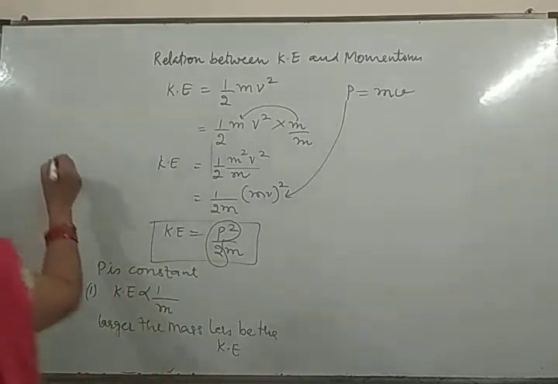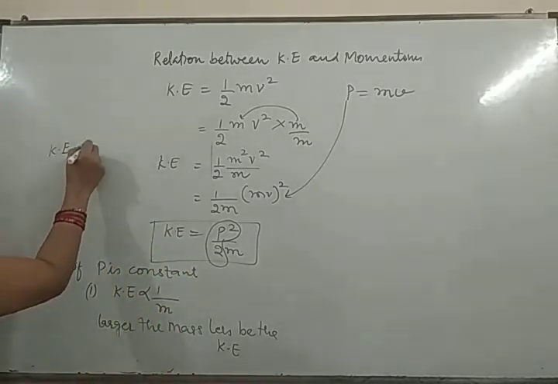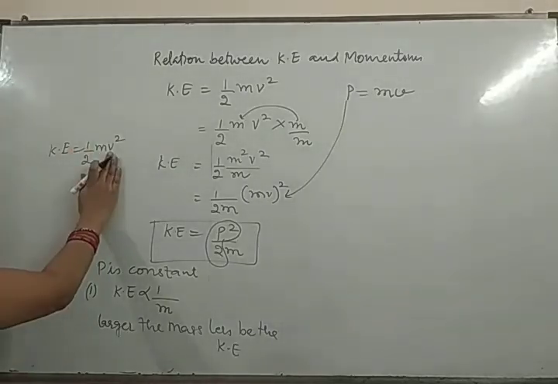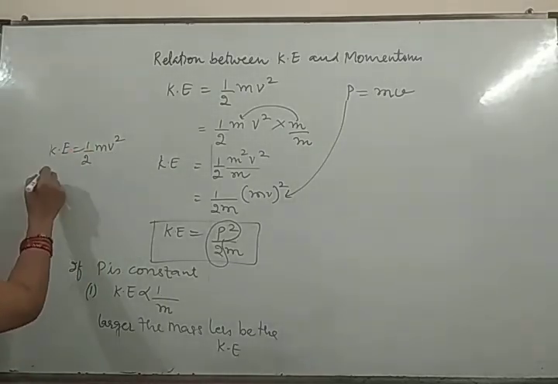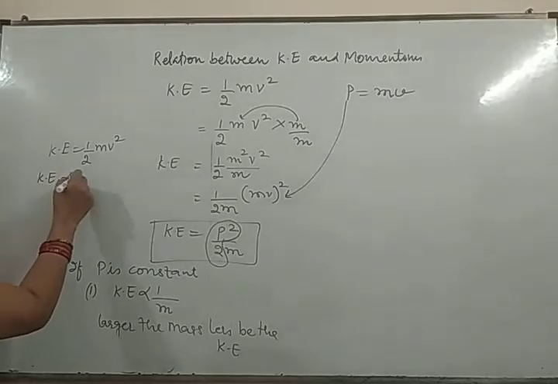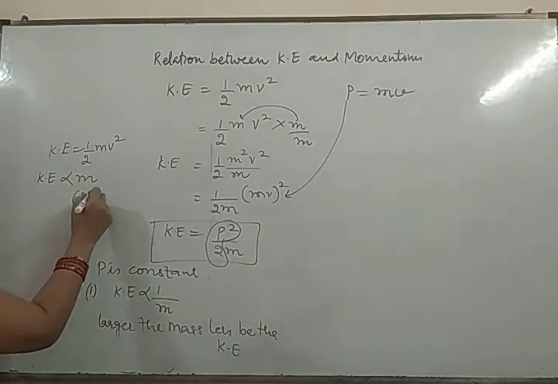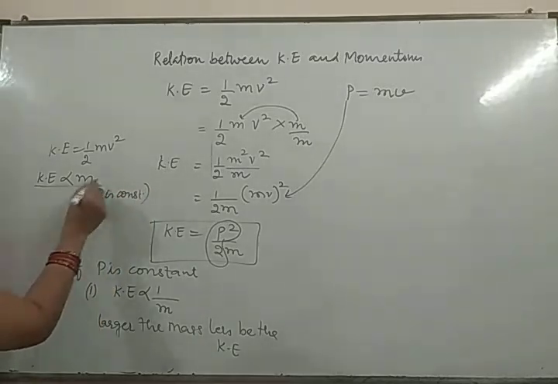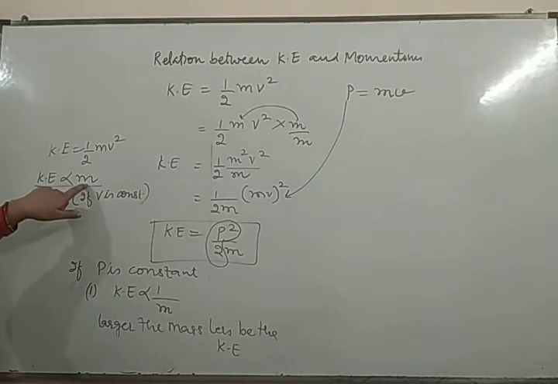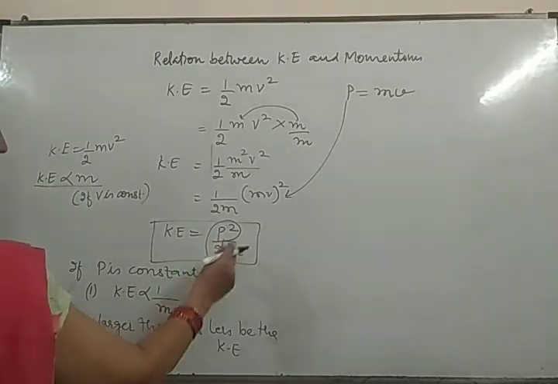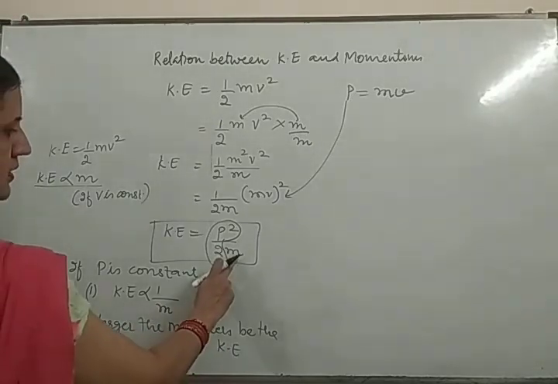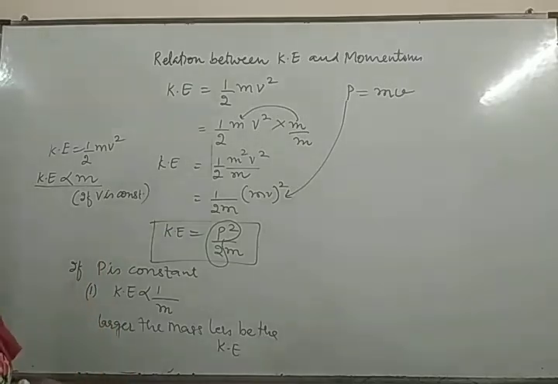If you are having kinetic energy is equal to half mv square, here p is not constant, then kinetic energy is directly proportional to m when v is constant. Here kinetic energy will increase if mass increases. But this is another situation. When p is constant, then kinetic energy is inversely proportional to mass. If mass is more, kinetic energy will be less.